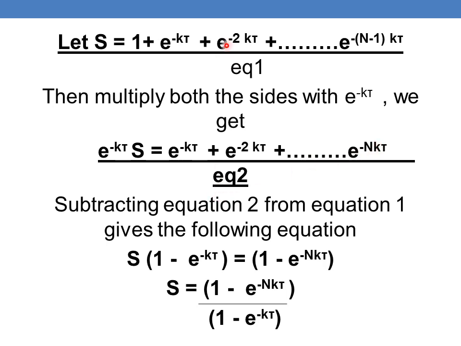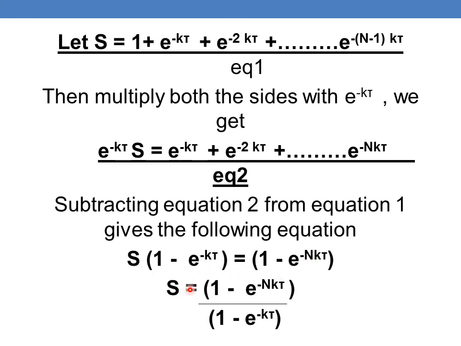This is equation 1 and this is equation 2. If you subtract equation 2 from equation 1, we get S into 1 minus e to the power of minus k tau equals 1 minus e to the power of minus n k tau.